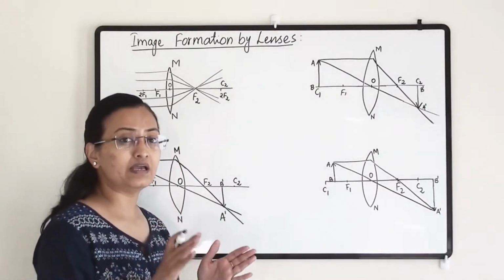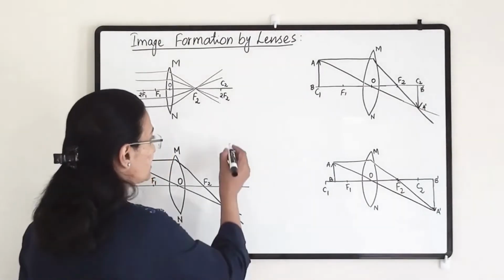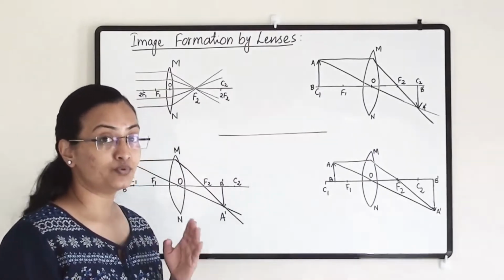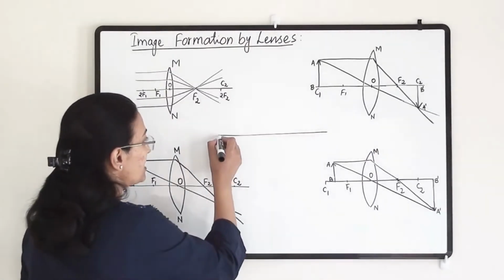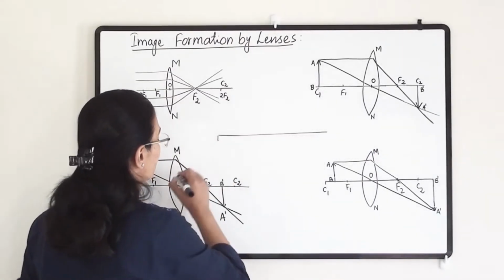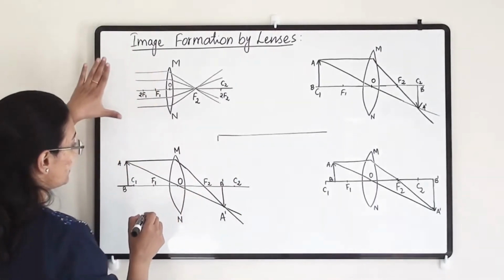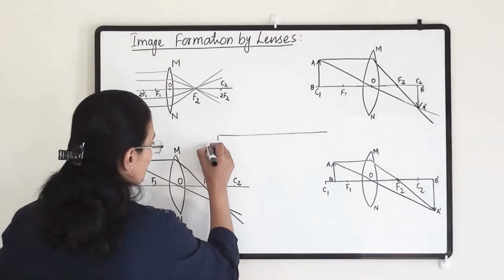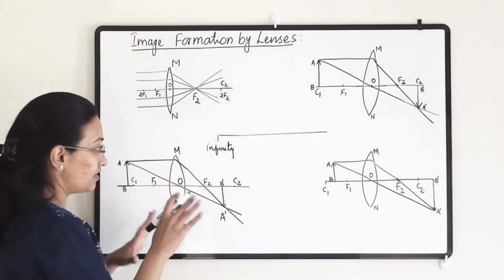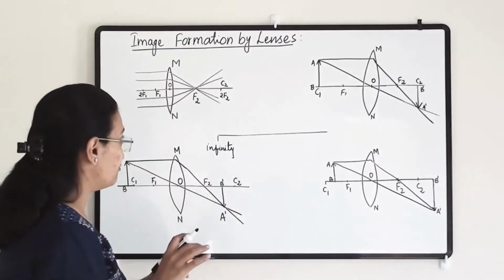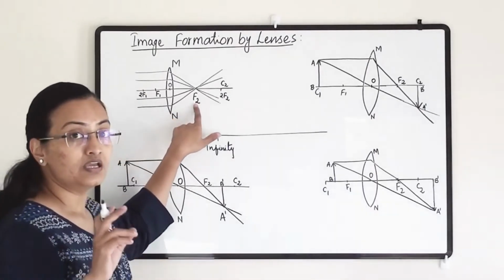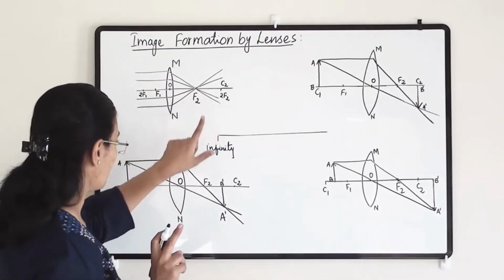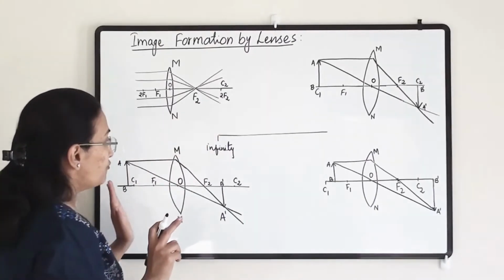In mirrors and lenses we follow one approach to check the nature, size and position of the image: we start from infinity, where the rays are coming parallel. So we keep the object at infinity, and we get all the rays collected at one point, that is the focus point F2. In the second case, we take it a little bit closer.